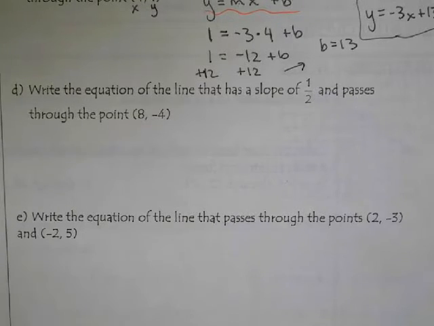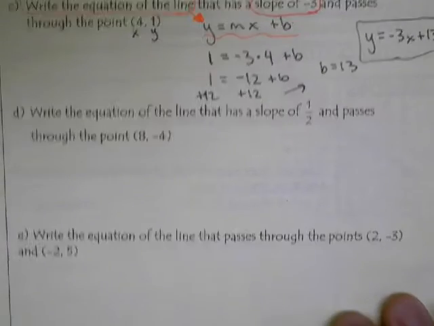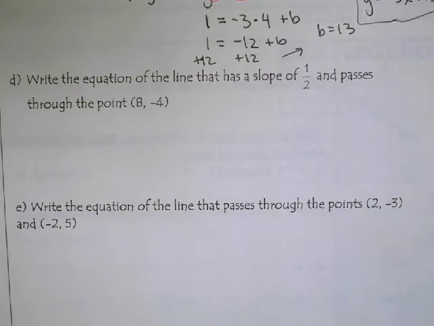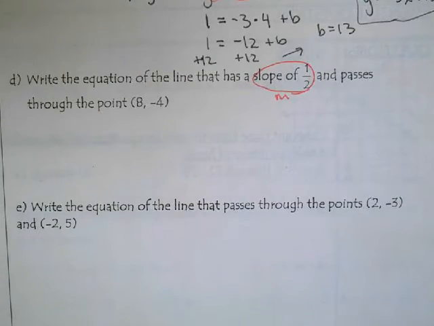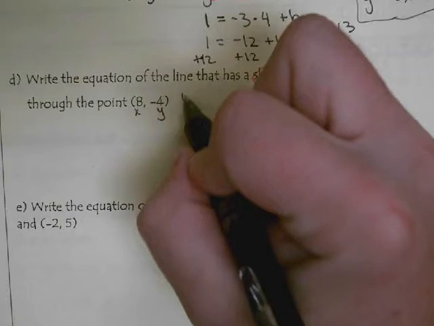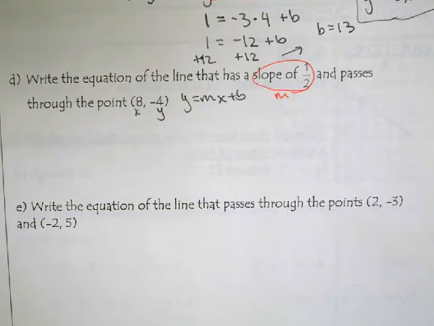Okay, so hopefully you tried this on your own. It's the same process as letter C. I like to identify all my parts. So I have my slope right here, there's my m, and then here's my x, and here's my y. We're going to use the equation y equals mx plus b. We'll plug in our given values.